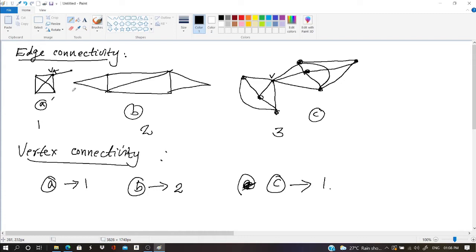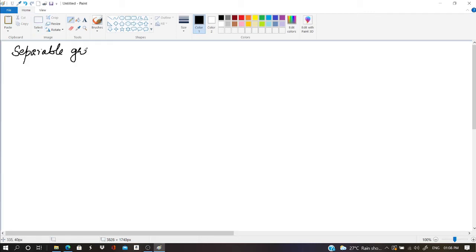Now we can move to separable graph. A connected graph is said to be separable if its vertex connectivity is 1.